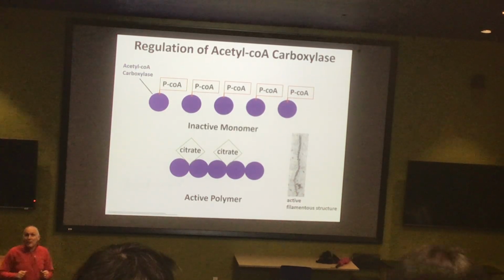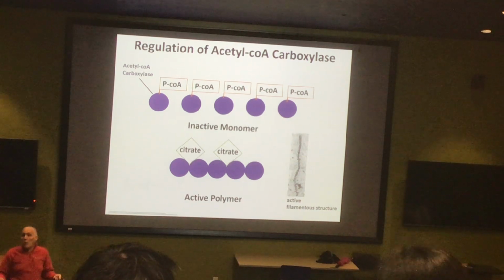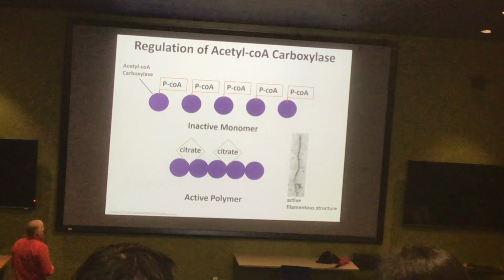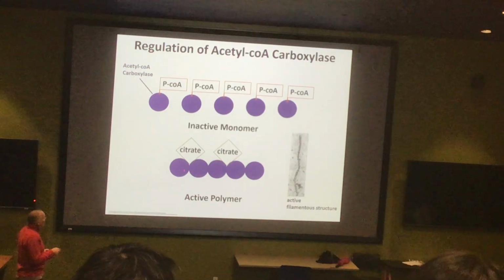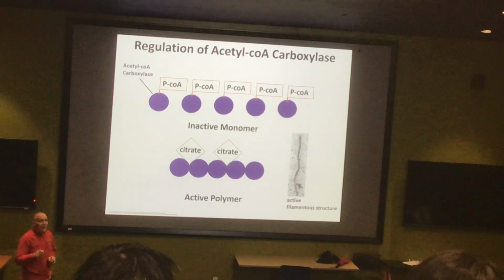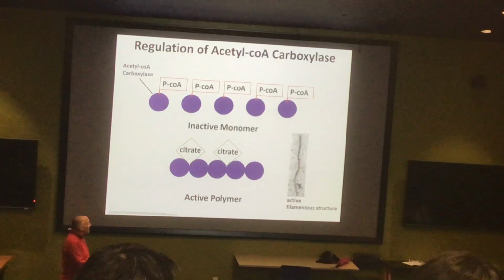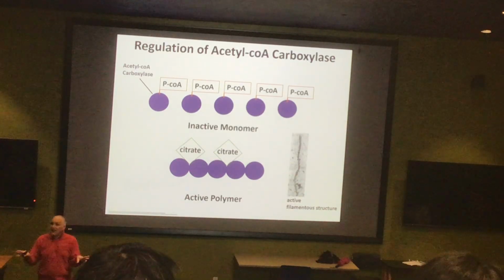They're actually changing the polymerization, or you could say the quaternary structure, of the protein. So as it turns out, the carboxylase is only active when it's a polymerized molecule. Each of these purples is meant to represent a single individual carboxylase. And in fact, only when they're in this long filamentous form are they active.